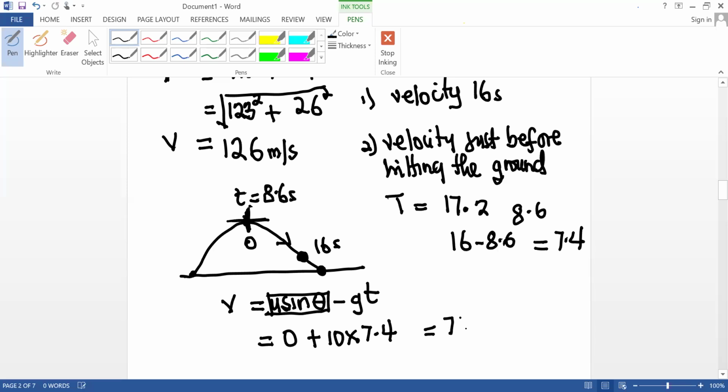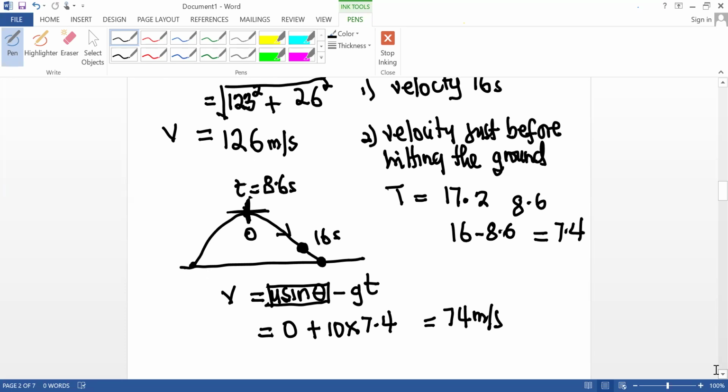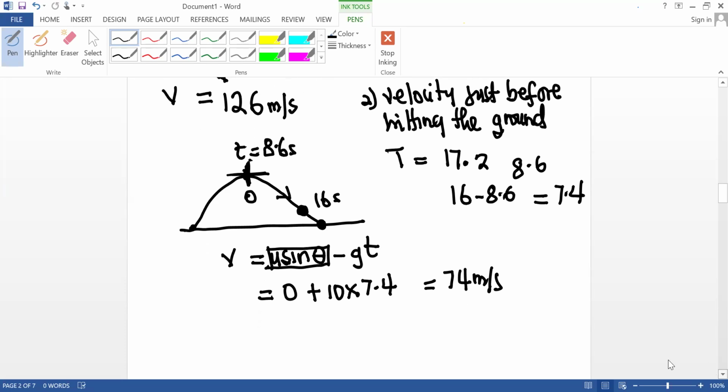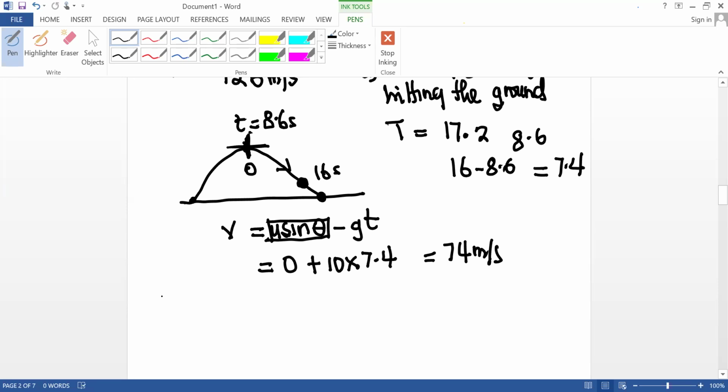So this is times 7.4, meaning after 16 seconds, its vertical velocity will be 74 meter per second. So if I want the velocity at 16 seconds, v squared will be equal to Vx squared plus Vy squared. And Vx is constant.